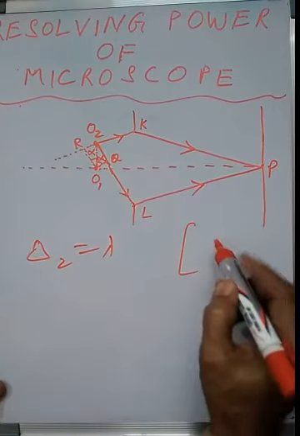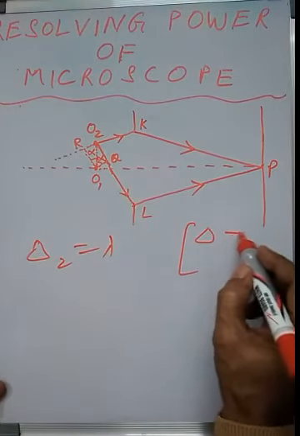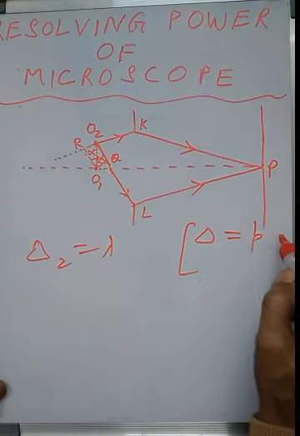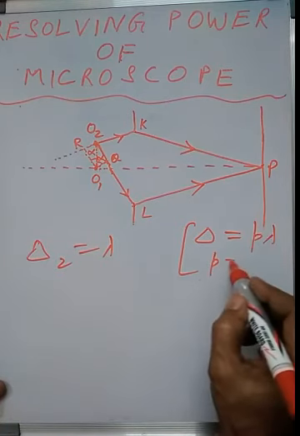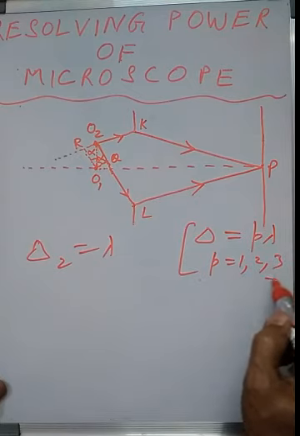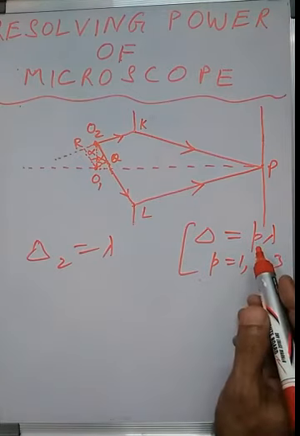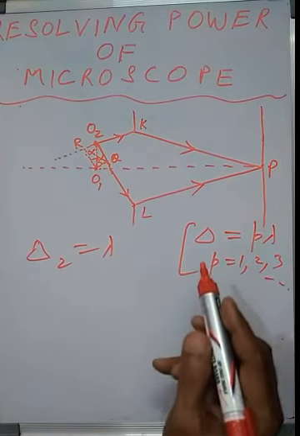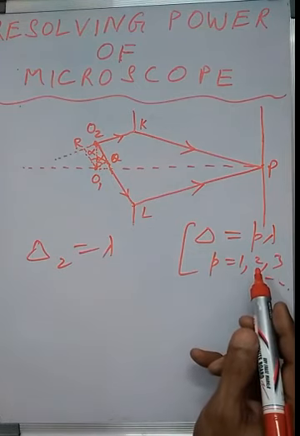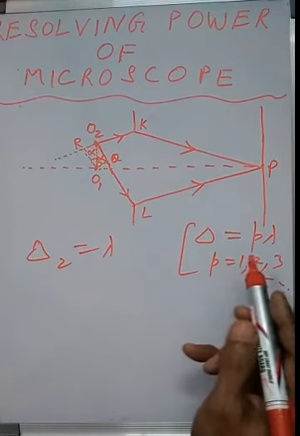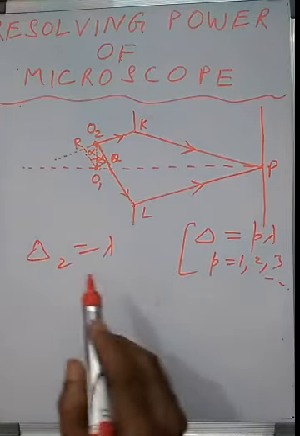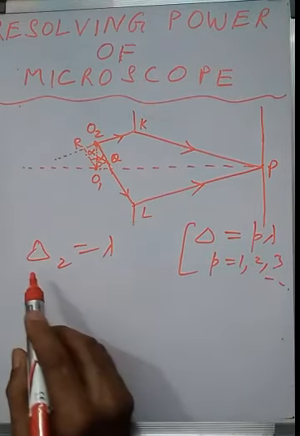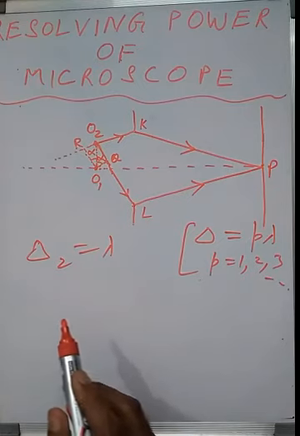How have I written this? The condition for minimum is delta equal to p lambda, where p can be 1, 2, 3 and so on. If I put p equal to 1, we shall get the condition for first order. If I put p equal to 2, we shall get the condition for second order minimum. So here we are putting p equal to 1 and delta 2 should be equal to lambda.